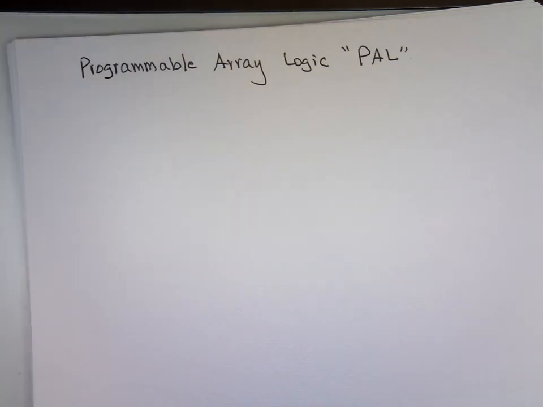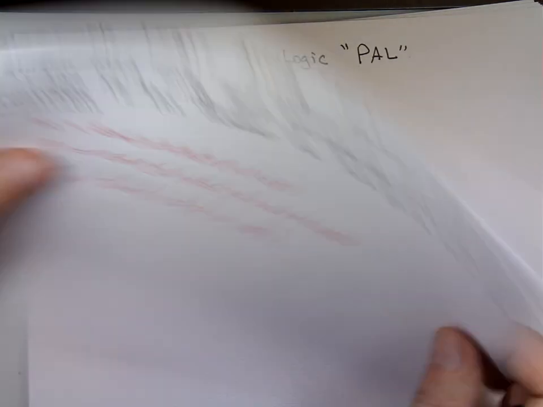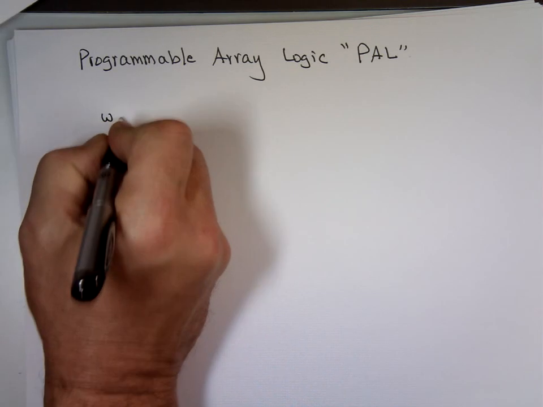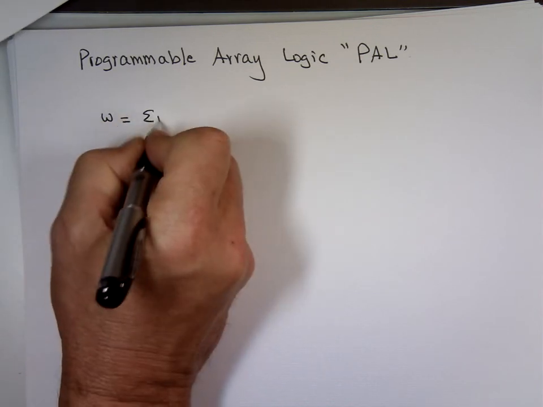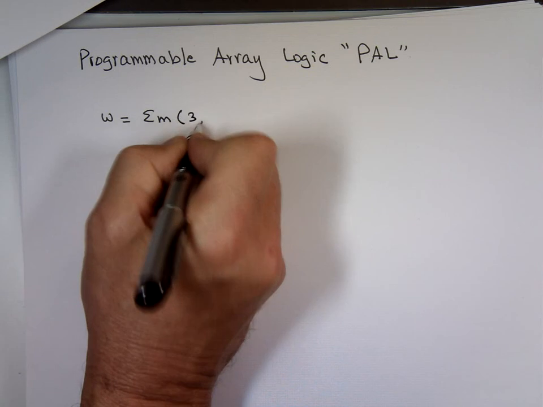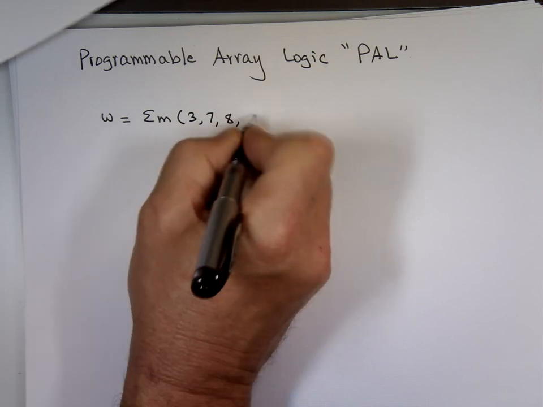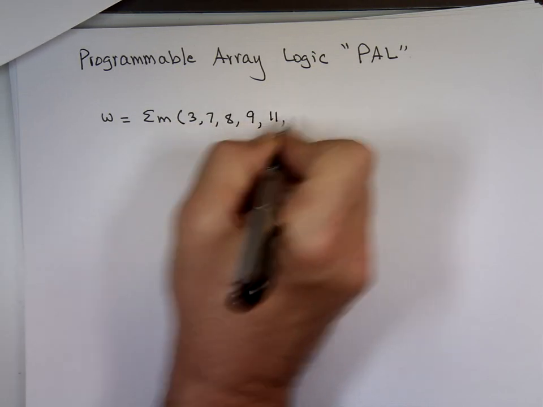So let me write the functions down. W equals the summation of 3, 7, 8, 9, the same problem, 11, 15.